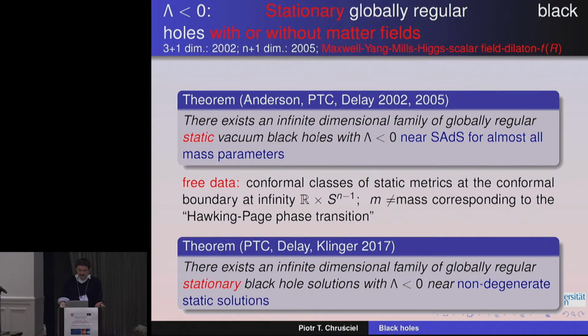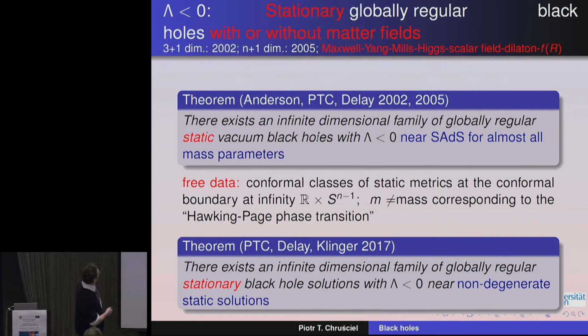Well, the new result is the one which I was planning to present, and I was excited about. This is last year. There exist infinite dimensional families, exactly the same, of stationary black hole solutions. Now, not only static, but stationary, and near non-degenerate static solutions. So, again, you start with, say, Schwarzschild anti-de Sitter, and near this metric, you can construct infinite dimensional families of solutions which are vacuum or which satisfy field equations.